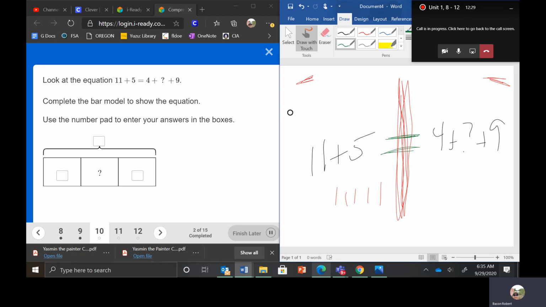So 11, 12, 13, 14, 15, 16. So our total is 16. So this over here has to equal 16.